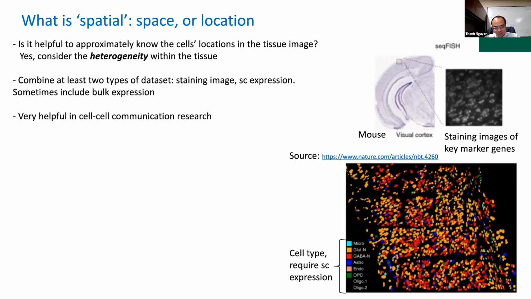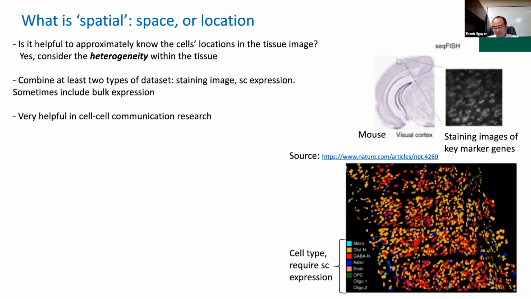So what does this mean? That means even if you take a very small piece of the tissue, the cells in it can be heterogeneous, and that heterogeneity could be detected or analyzed by the locations of those cells in the tissue. So we can say, over here in this region, you can see the glutamatergic neurons and then GABA neurons interacting with a few OPC cells.